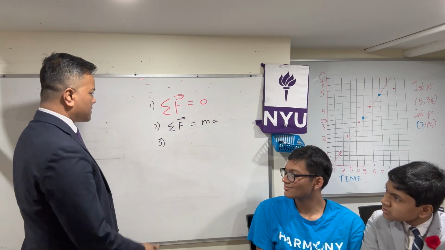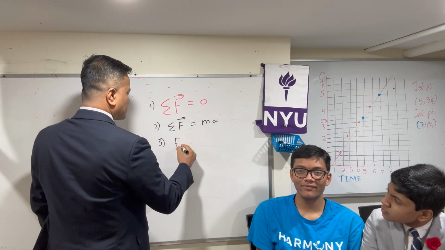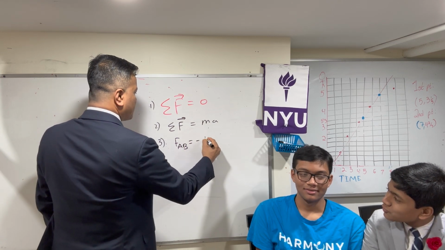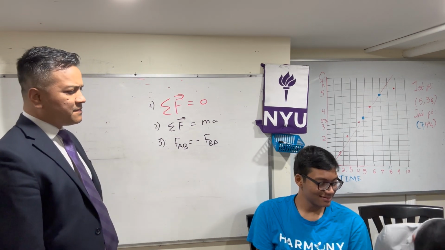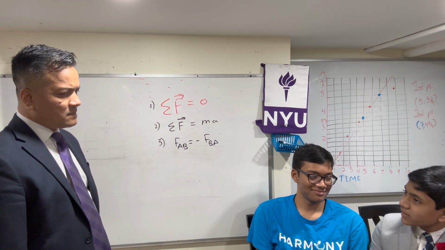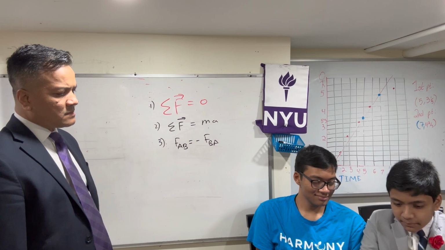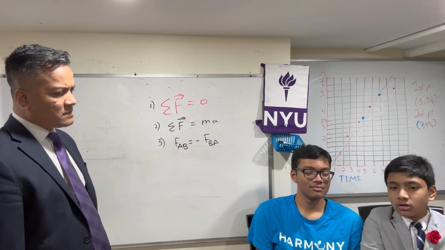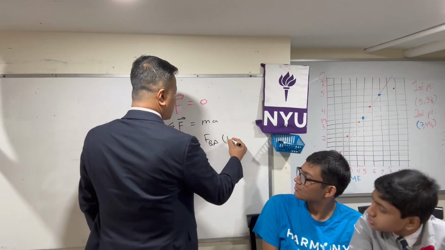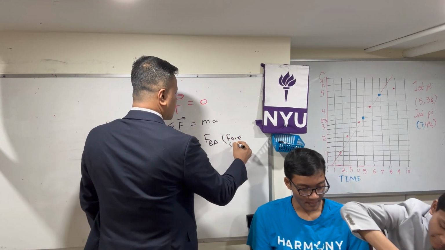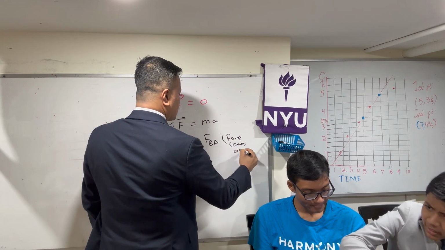Can you tell us Newton's third law? F_AB equals minus F_BA. Isaac, can you explain it? Okay, so basically what it means is, for example, imagine that you punch the wall. So like I'm punching this table right now. Forces count as a pair. If I punch the table, I'm exerting a force on the table, but my hand hurts.